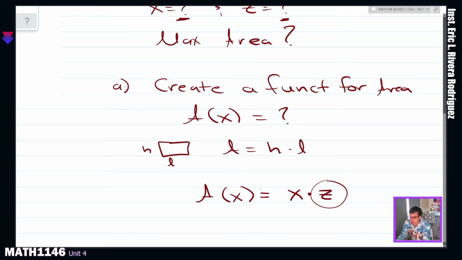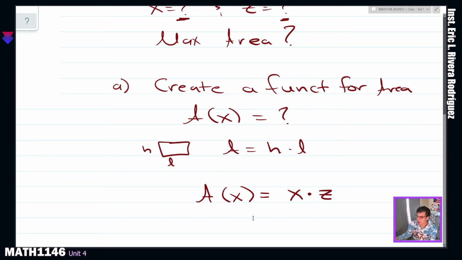So we need to find an equation that represents z in terms of x, right? So z needs to depend on x in order to use it in our function. Okay, so this is the first step.